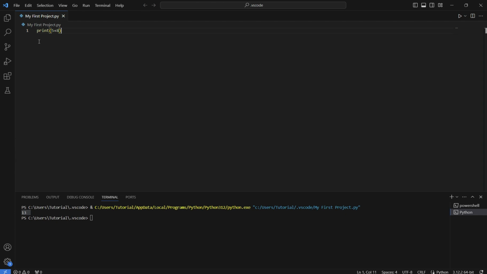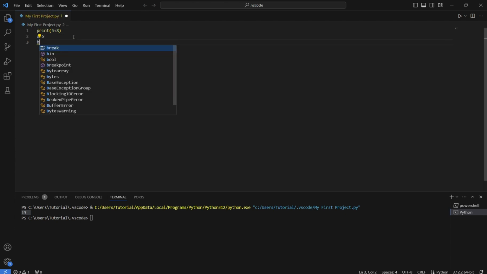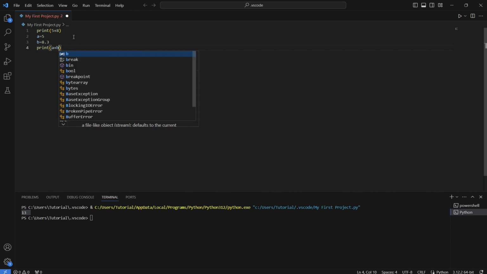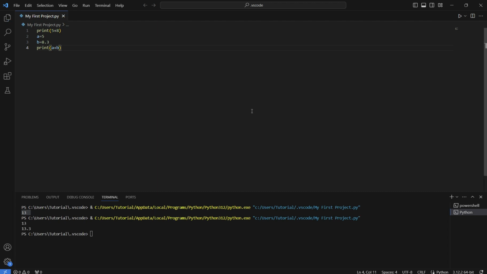So, if we write a equals 5 and b equals, say, 8.3, then write print a plus b, then run the code, it will return as 13.3, just like if you added the two numbers together. However, if your variables are strings, they will concatenate and not use the mathematical operator, which I talked about in a previous video.